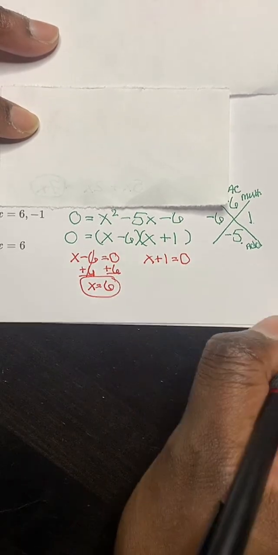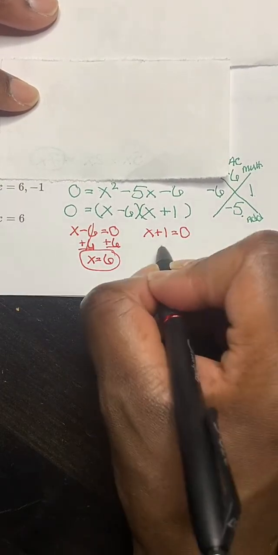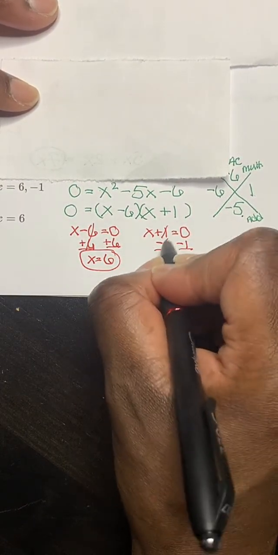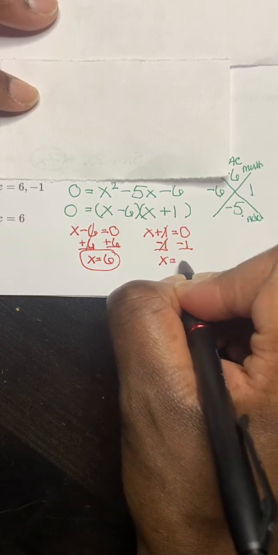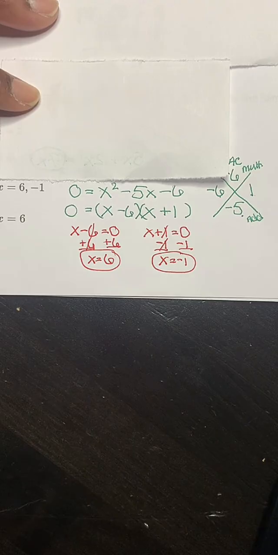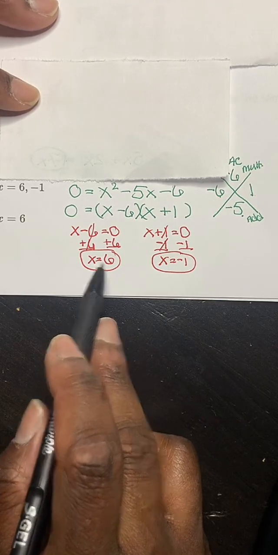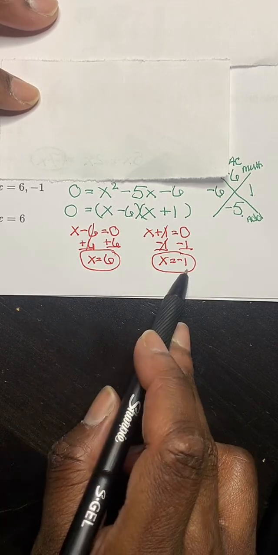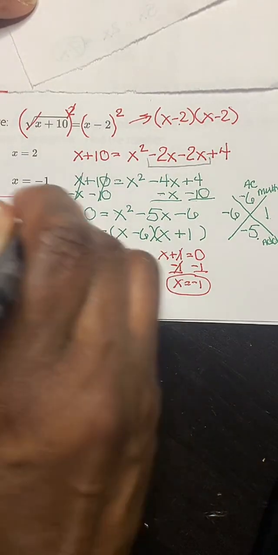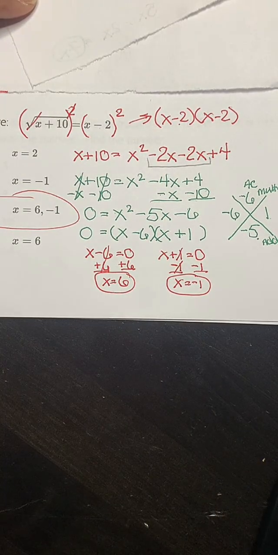So x is going to equal to 6 for that one. And this one I'm going to subtract 1. Always do the inverse when you're solving. Okay, so your answer is going to be a positive 6 and a negative 1. And the one that has that is C.